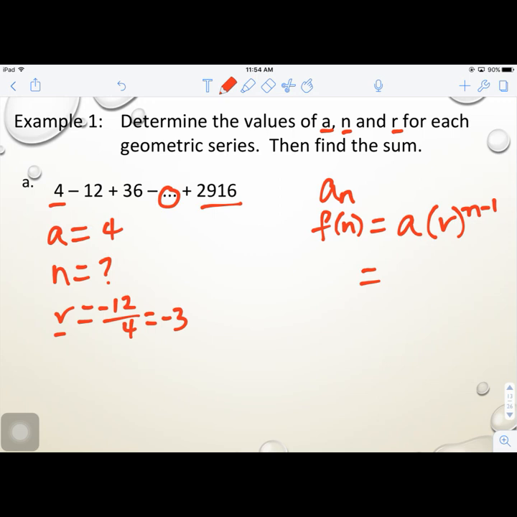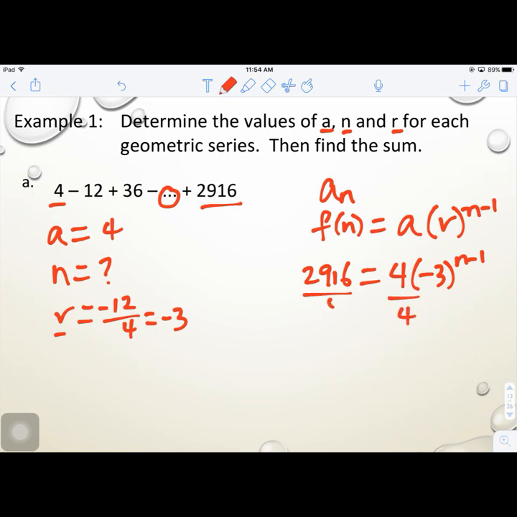That will be 4 times negative 3 to the n minus 1. We do not know what term that will be, but we're going to set it equal to 2916 because we want to find out what n equals, like how many terms it will take us to get to 2916. And so we're setting it equal to, and we're going to try to solve for n.